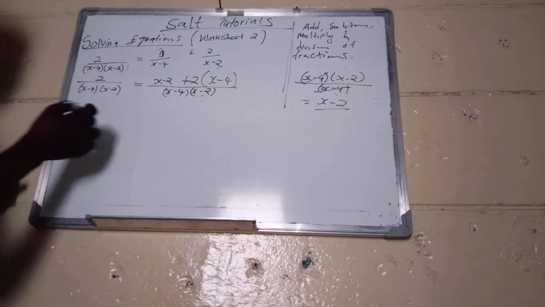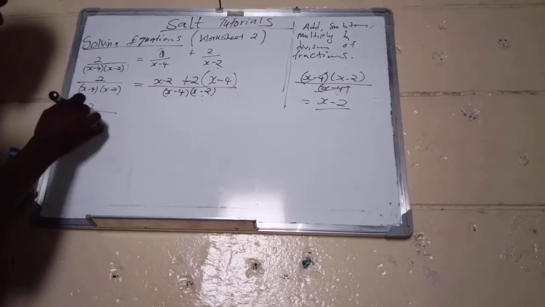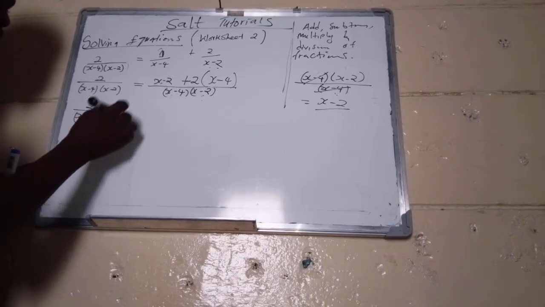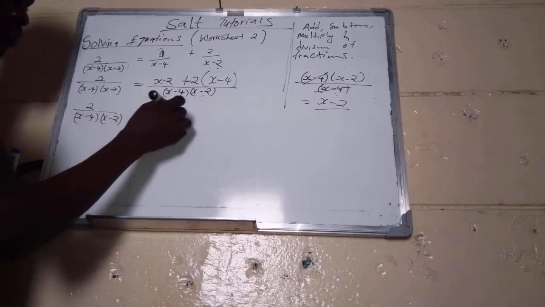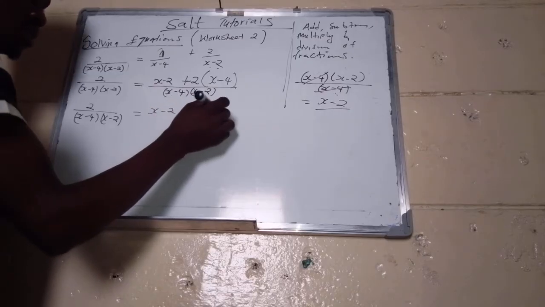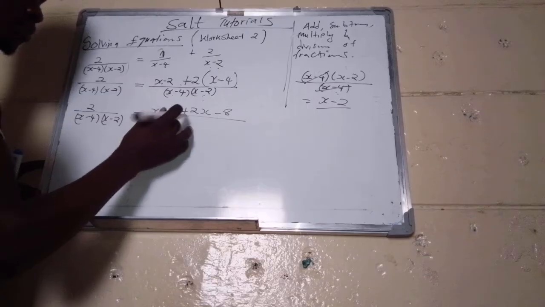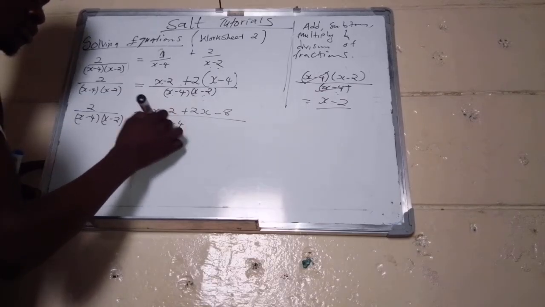Continue. This will be x minus 4, x minus 2 to be equal to x minus 2 plus 2x minus 8 over x minus 4, x minus 2.